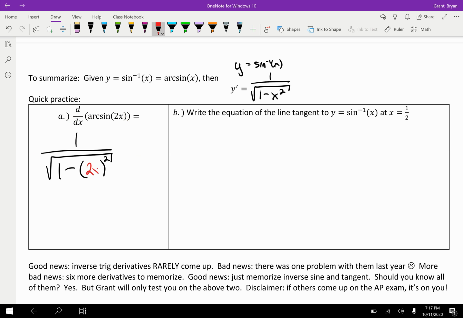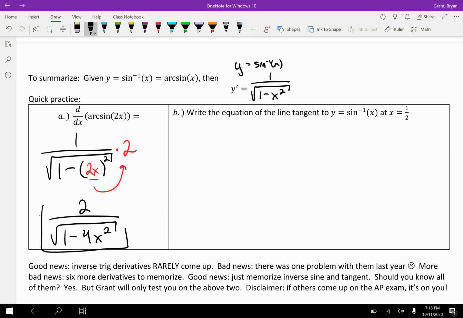We can't take the derivative of 2x in here because this is just the derivative of inverse sine. 2x is just tagging along, biding its time until it's its turn. Well, now that we've done the derivative of inverse sine, now we can multiply, chain rule, by the derivative of the inside, which is 2. And so maybe cleaning this up a little bit, move the 2 on top of the fraction, 1 minus 4x squared, and that's about as far as we need to go.